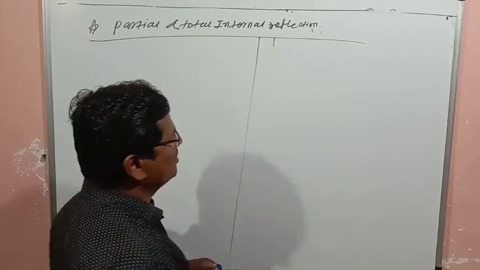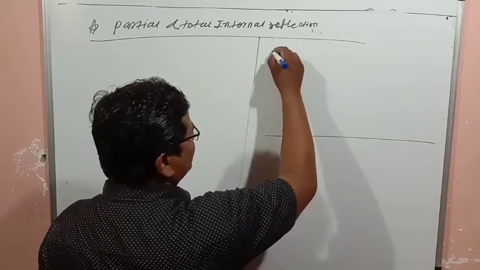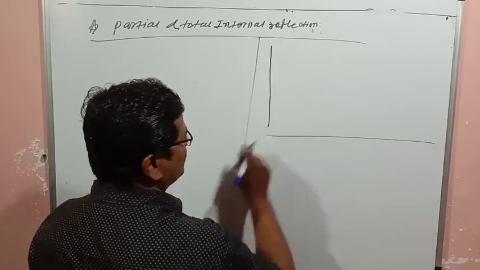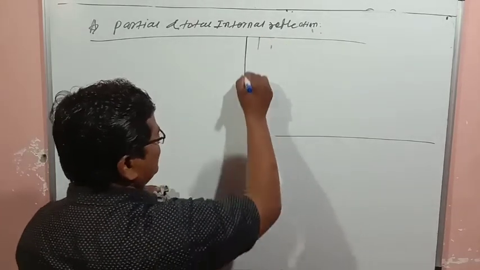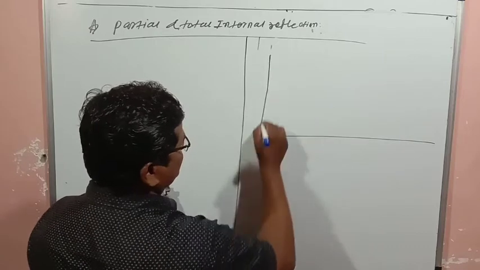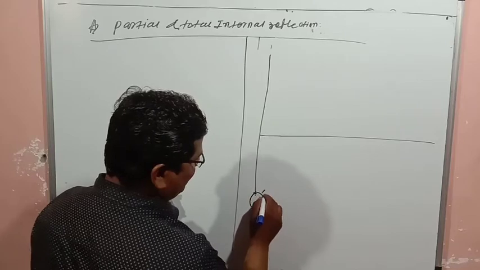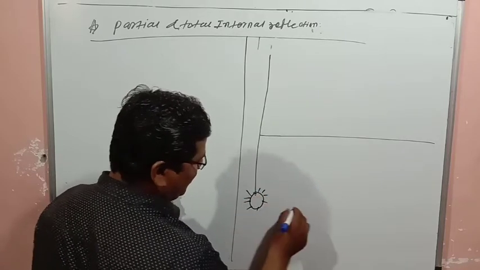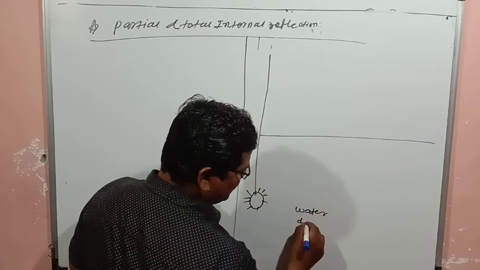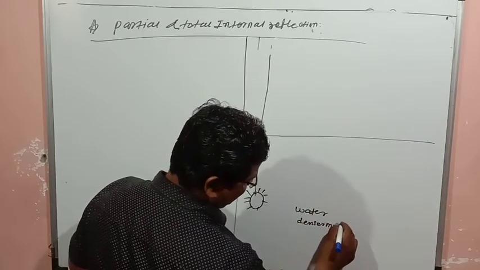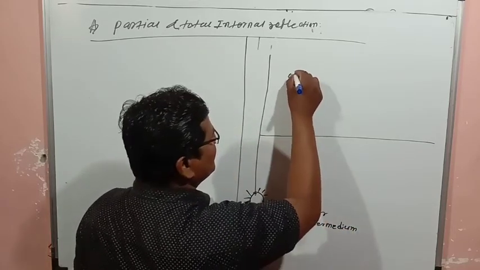So one thing you have to remember, suppose one medium is there, suppose here one bulb is there, and suppose water or any denser medium is there, or any denser glass may be there here, and here is the air.